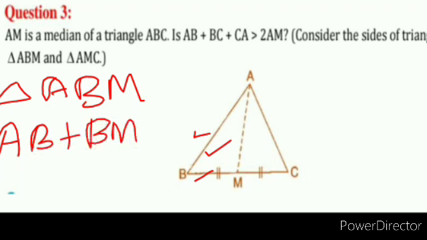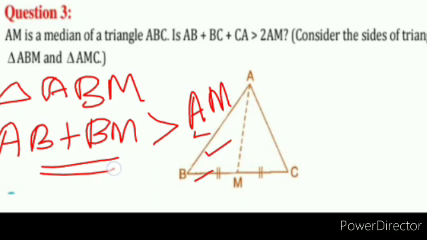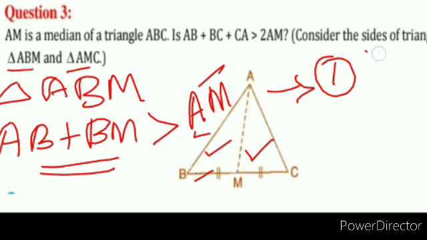We don't have measures, so we are adding the sides' names. AB plus BM is greater than AM, because AM is the third side. These two are the sum of two sides and AM is the third side. We are applying that property. It is 1. And apply the same property for this triangle AMC, because they are given in the hint.